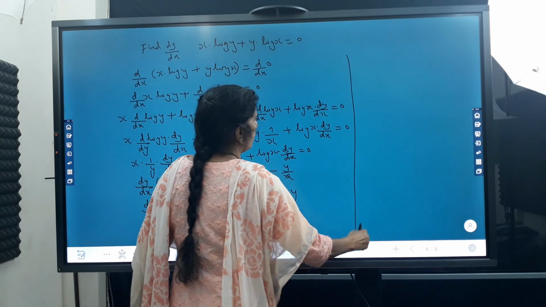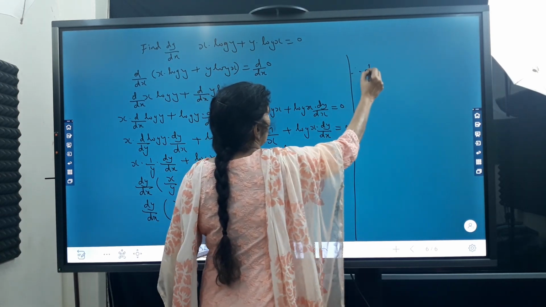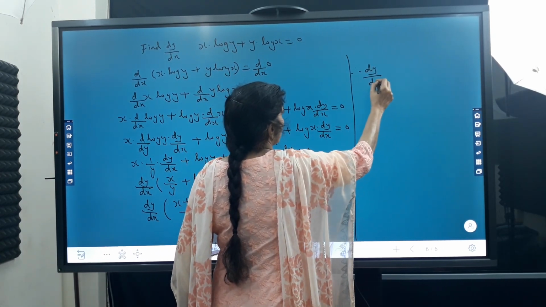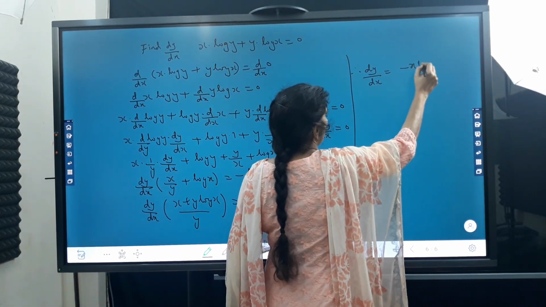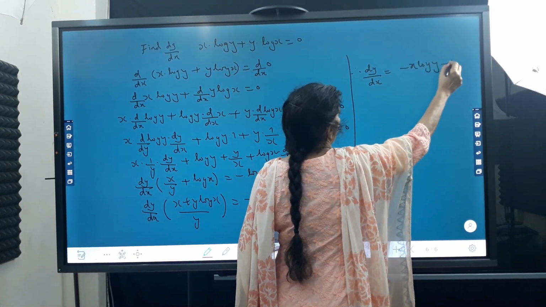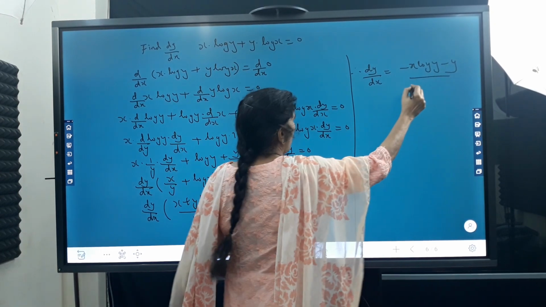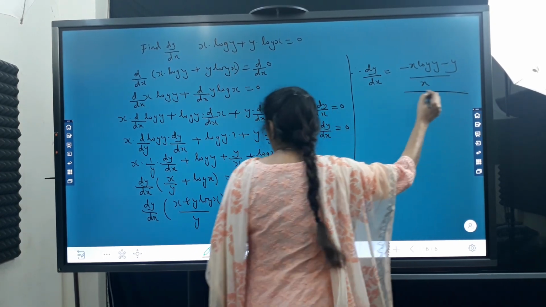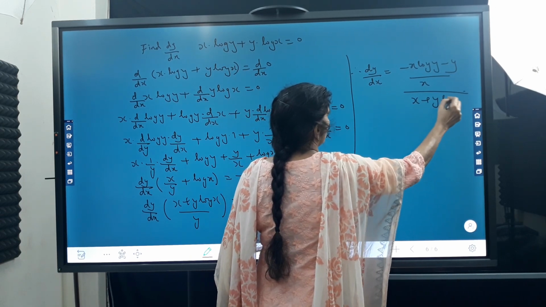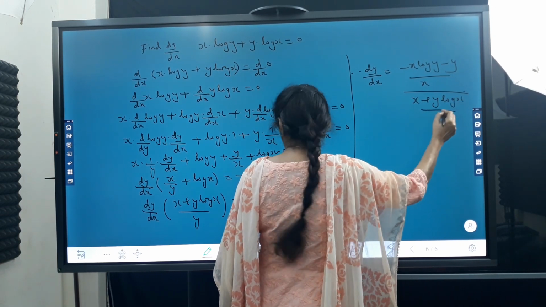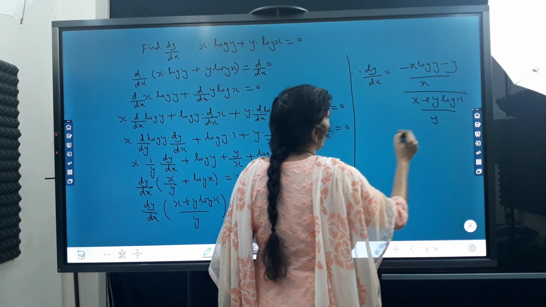So you can write dy by dx equal to minus x log y minus y upon x divided by x plus y log x divided by y.